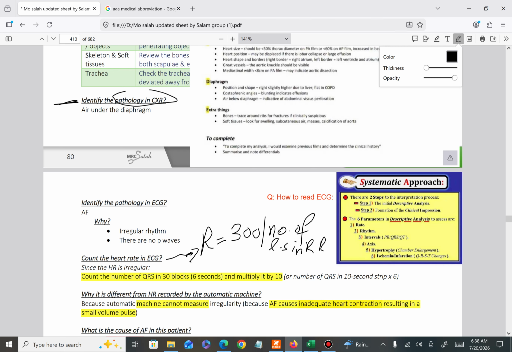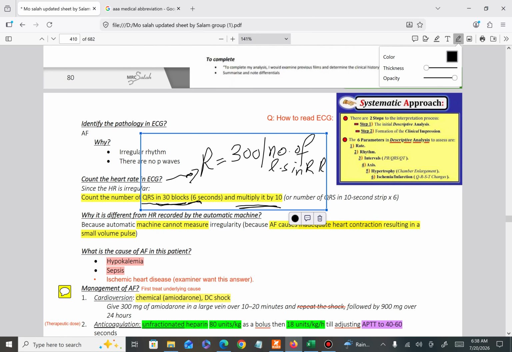But as this ECG is irregular, we have to count the number of QRS complexes in 30 large blocks, or 6 seconds, and multiply by 10. So we will get the heart rate. This is how we calculate the heart rate in irregular rhythm.